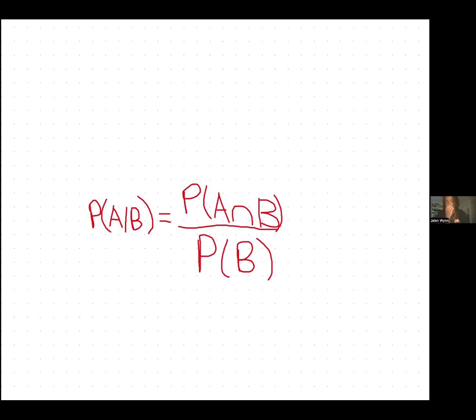At the top of the fraction, this means both events have occurred, A and B. And at the bottom of the fraction is pretty self-explanatory, meaning that this is only the event of B.